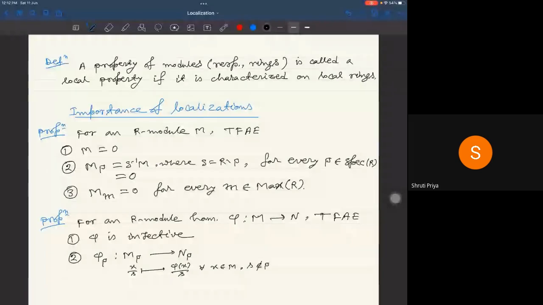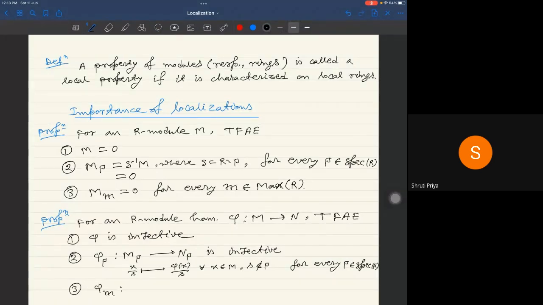So this is injective for every prime ideal of R. And you have this third one, that is just localized at every maximal ideal, then also you have this condition that this is injective.